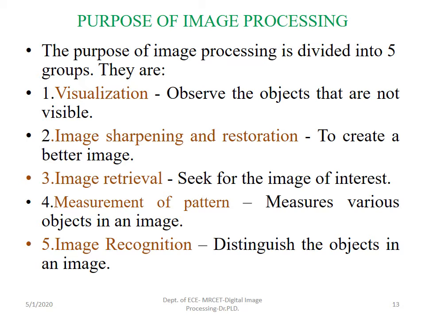Based on distinguishing the objects that appear in an image, we can recognize that image. These are the main processing areas or purposes of image processing, depending on these five main areas.